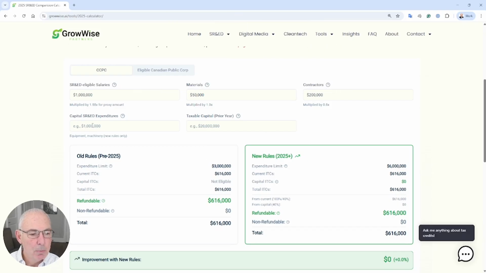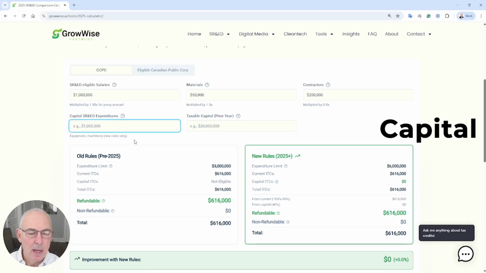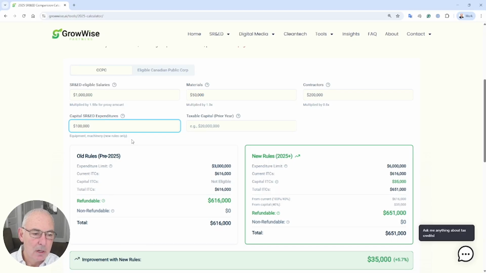However, if you might have some capital expenses, such as equipment that is used for the purposes of experimentation, so it needs to be at least 90% used for SR&ED, then you could add that here, and let's see what happens if we do that. So let's say you had $100,000 worth of depreciating equipment that was used.